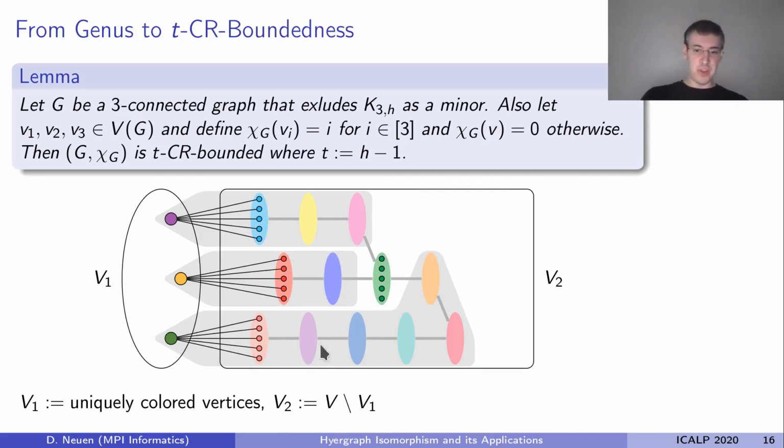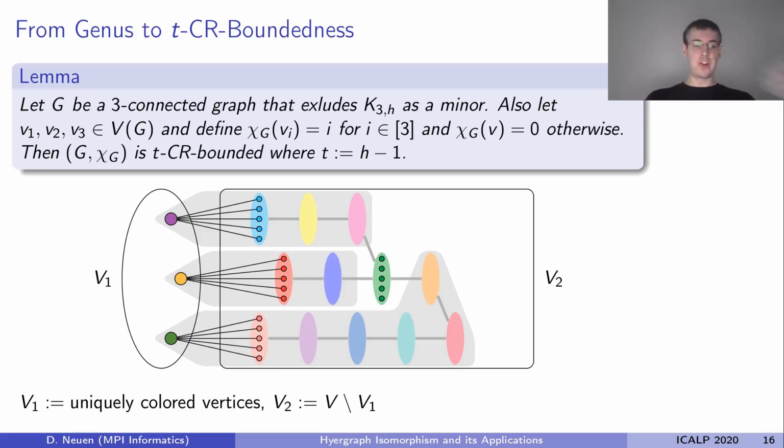Observe that each of these gray regions is connected, because by stability each of these single vertices must be connected completely to such a color class here. And also each green vertex, again by stability, must be connected to the 3 neighboring color classes. Because this color class is large, has size at least h, we get K3,h as a minor, which gives us the desired contradiction.